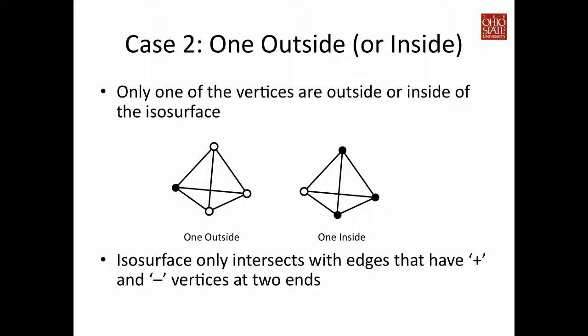Now, if you ask what edges have intersection with the isosurface, what you need to do is look for edges that have zero crossing. Again, edges whose two endpoints have values both greater and smaller than the isocontour value. So here, the blue edges are those edges. Each of the blue edges has one black vertex and one white vertex.